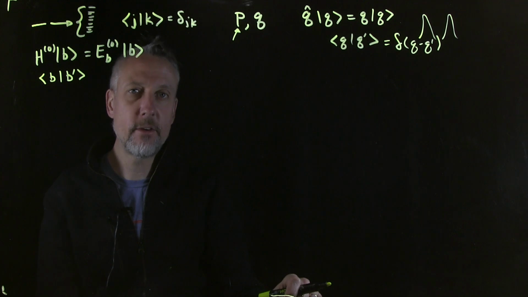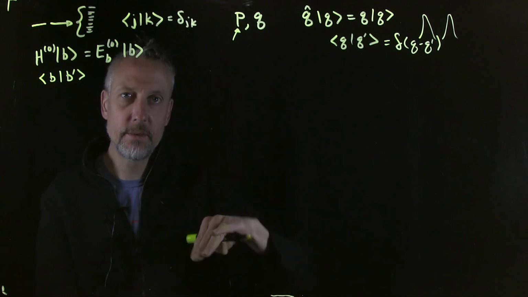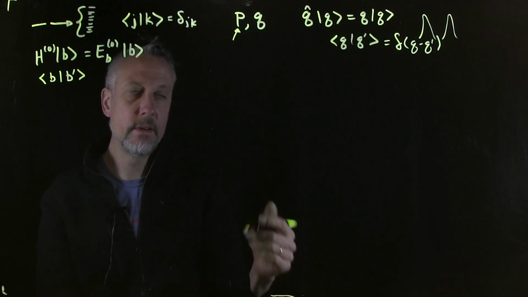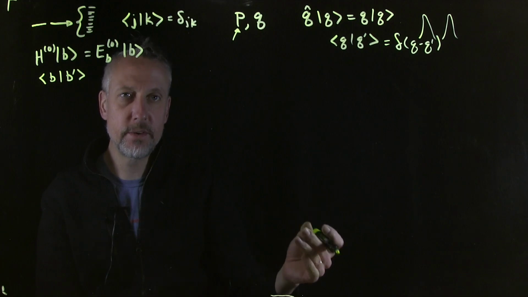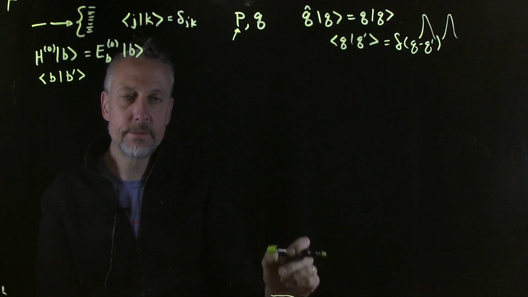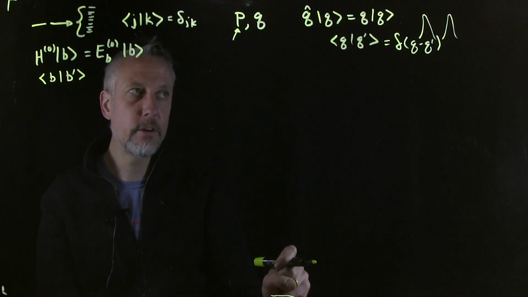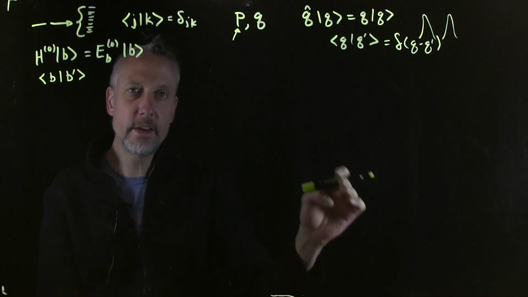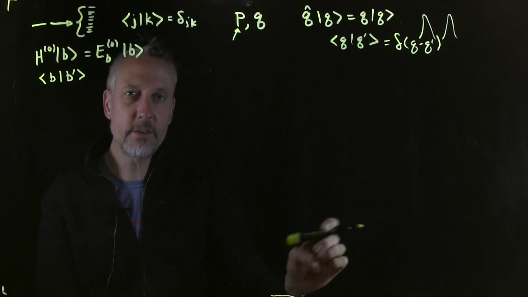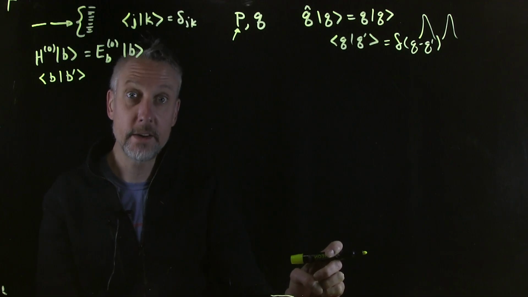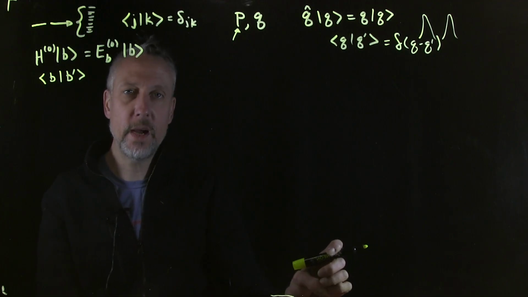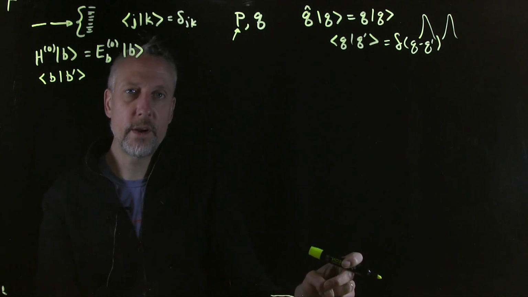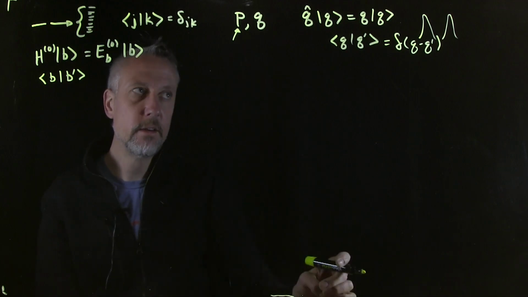One property is that the Dirac function has an infinite amplitude, but it has a finite integral, meaning its integral is 1 if you integrate over the delta function. All right, so it's very easy to deal with when it's in an integral. It's much less easy to deal with mathematically when it's not in an integral, right? And so that's why we don't typically draw eigenfunctions of the position operator, because they would be basically Dirac type functions.